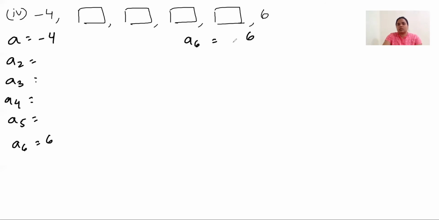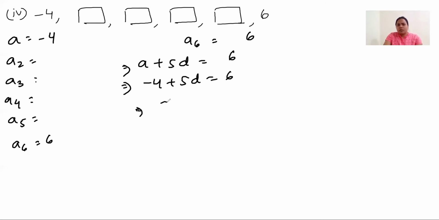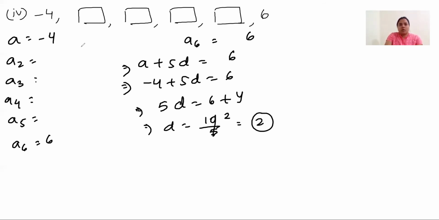A6 is equal to 6. It means A plus 5D is equal to 6. Minus 4 plus 5D is equal to 6. 5D is equal to 6 plus 4. So D is equal to 10 by 5. That is equal to 2. Now we have got D also as 2.